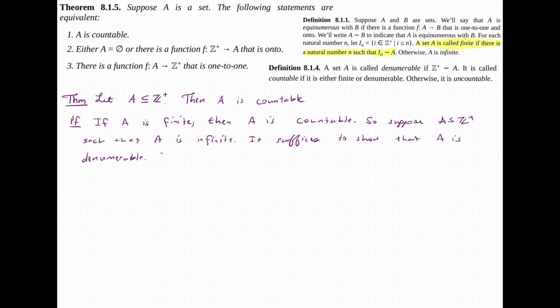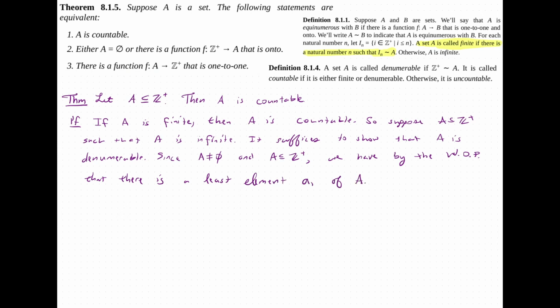Okay, so let's go ahead and continue. Since A is non-empty, and A is a subset of the positive integers, we have by the well-ordering principle that there is a least element. And let's denote that least element a sub 1. And so we have our least element a sub 1.